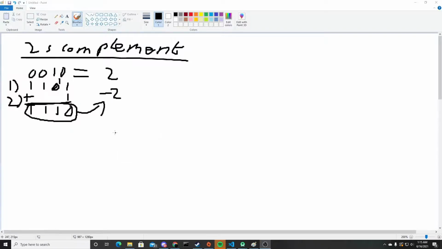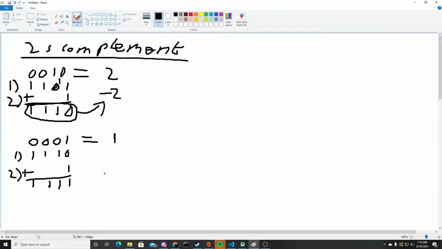Likewise, we'll use positive 1 as an example. We have 0, 0, 0, 1, which equals 1. Step 1, we again flip all the bits, so we have 1, 1, 1, 0. Then step 2, we again just add 1 to the binary representation, so we'd have 1, 1, 1, 1.